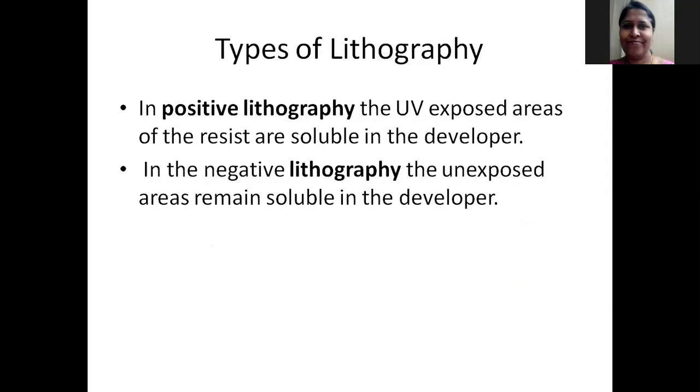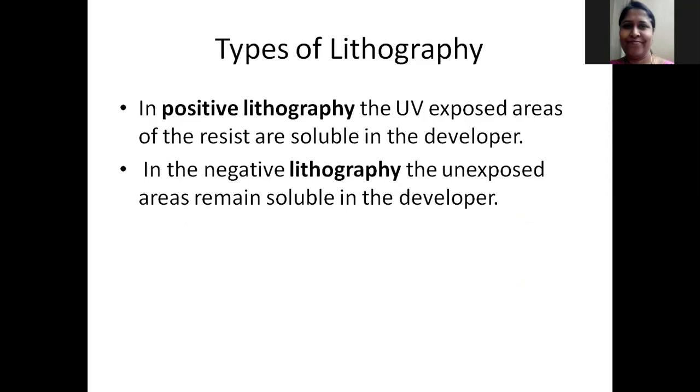In photolithography, there are two types: positive lithography and negative lithography. In positive lithography, the UV rays react with the photoresist material which is exposed, and it is now soluble in the developer.